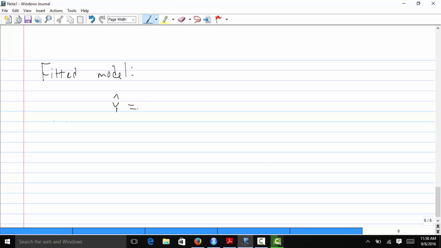Well, it's the estimated intercept plus the linear combination of each predictor multiplied by the estimated coefficient.